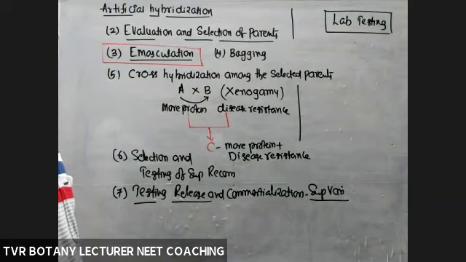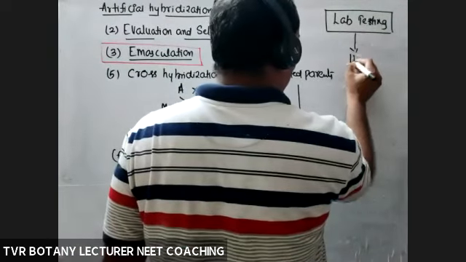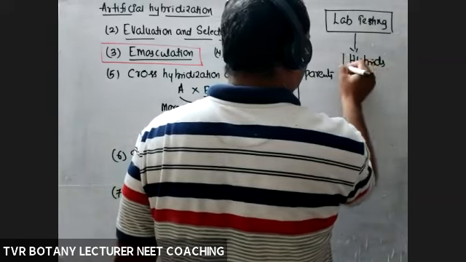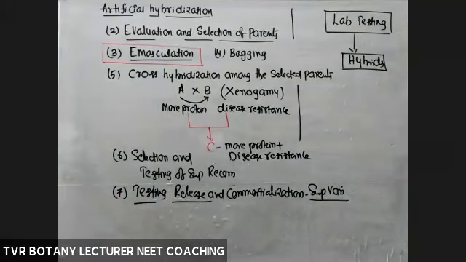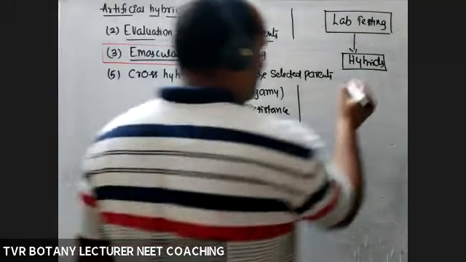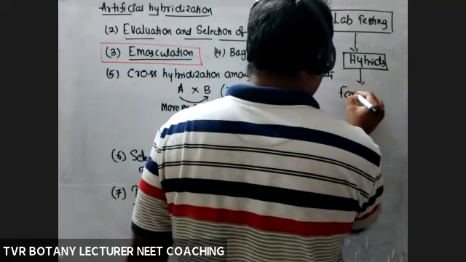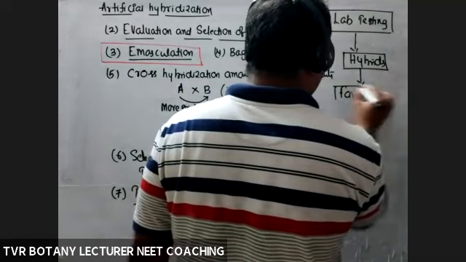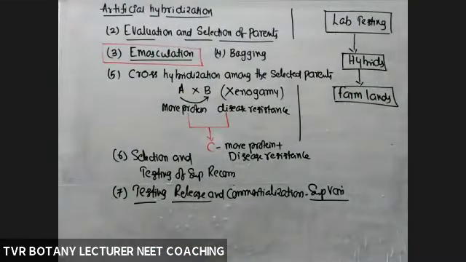After completion of the lab test, we selected a certain number of hybrids. Lab to land. Lab to land means agricultural lands, farmlands. Okay, so lab test completed, successful.